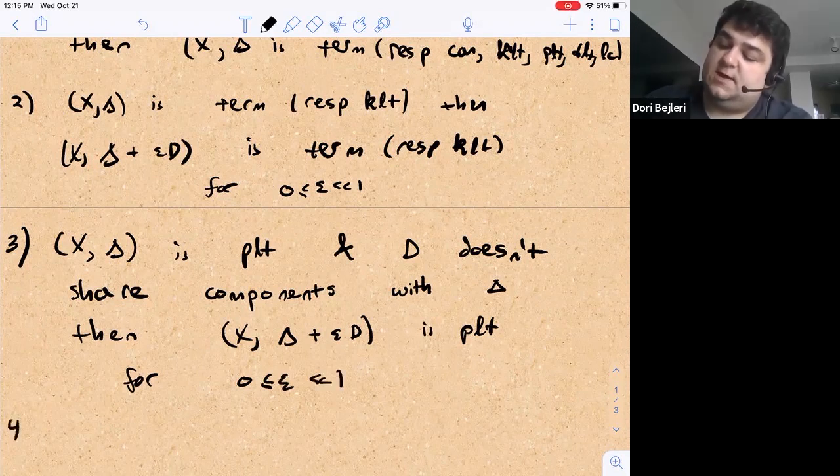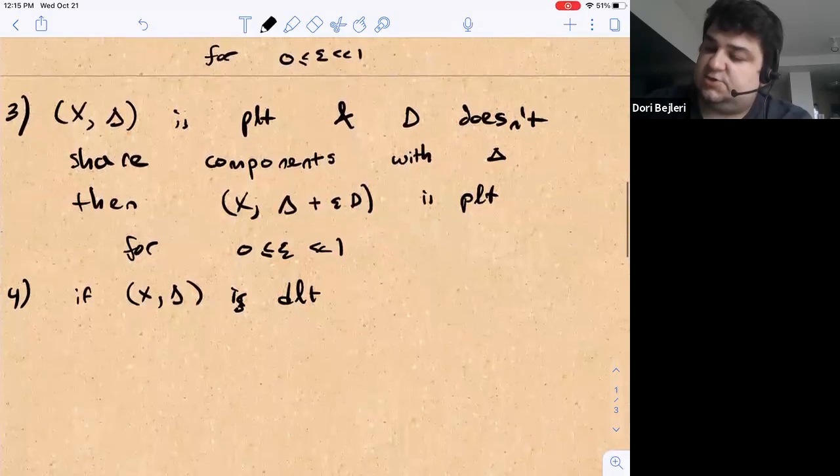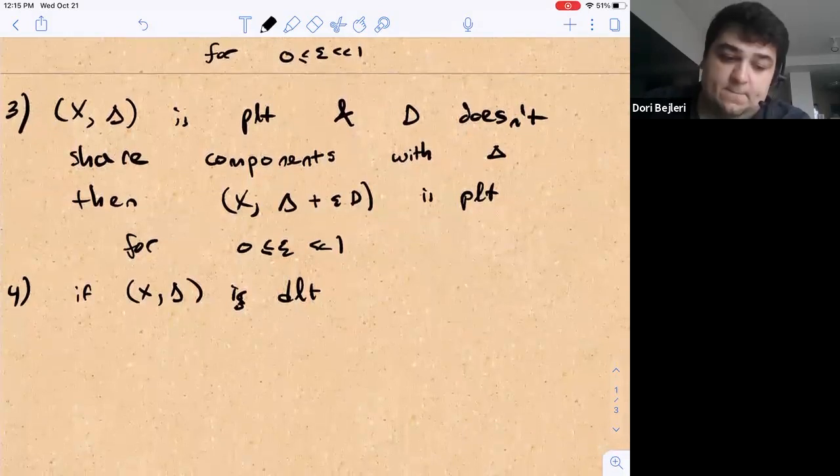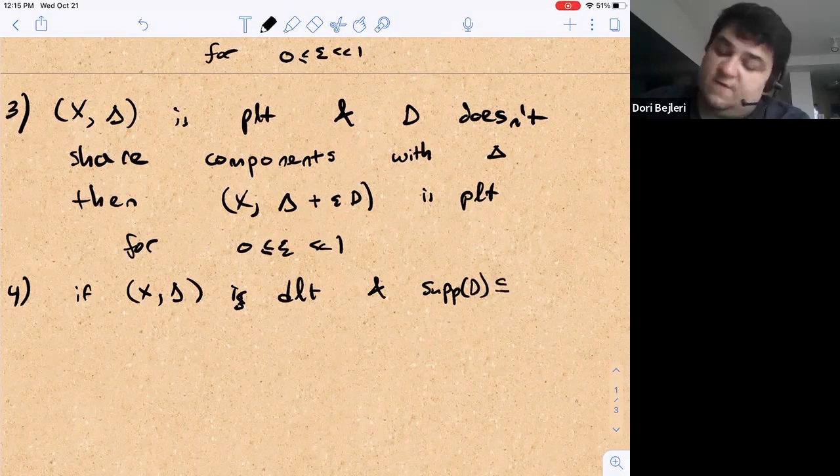And similarly for DLT, the easiest condition to try to impose is that the support of D is contained in the divisors that have small coefficients.